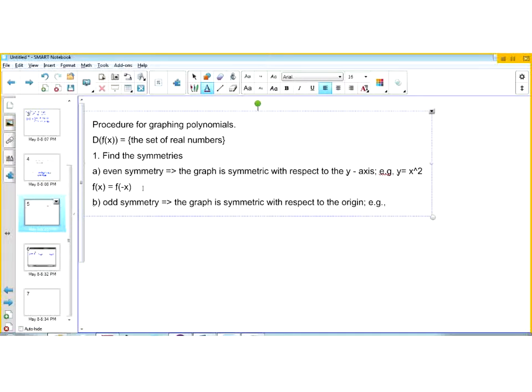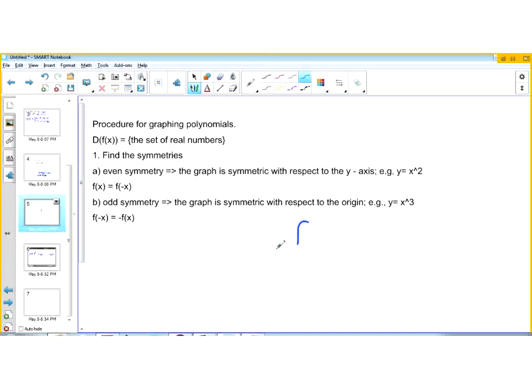And the classic example of an odd symmetric function would be y is equal to x cubed. And these functions possess the property that f of negative x is equal to negative f of x. So let's prove this in the case of y equals x cubed.